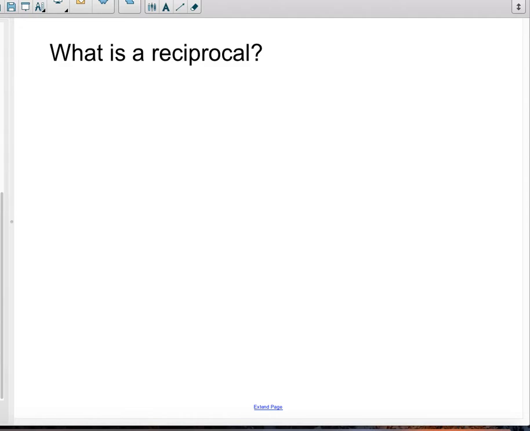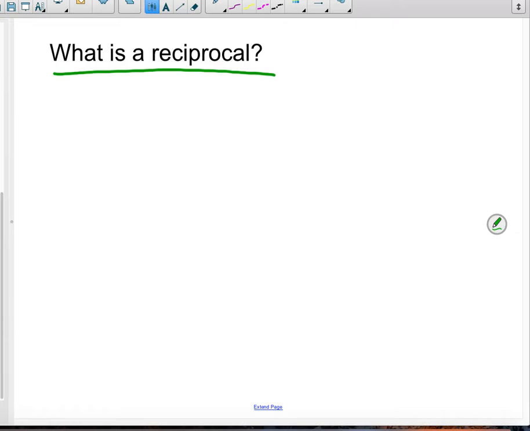All right. What we're going to be talking about from here on out is how to divide fractions by fractions, whole numbers by fractions, fractions by mixed numbers, and that sort of stuff. One of the things you're going to need to know is what a reciprocal is.